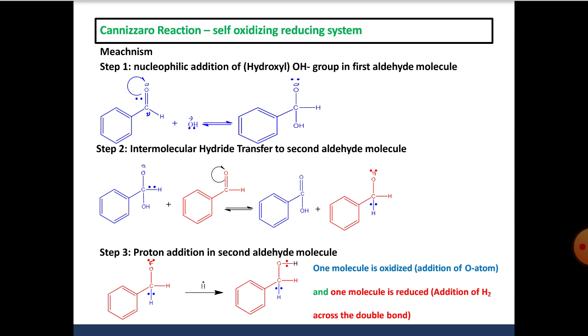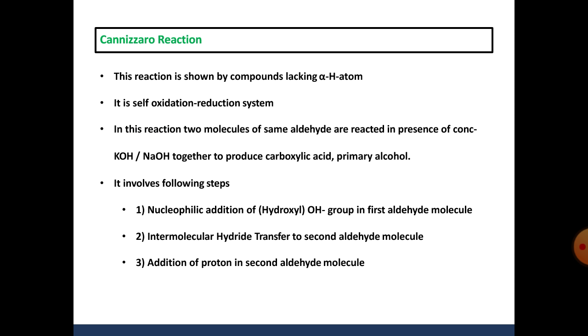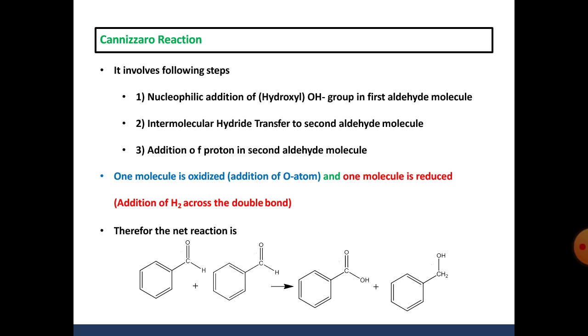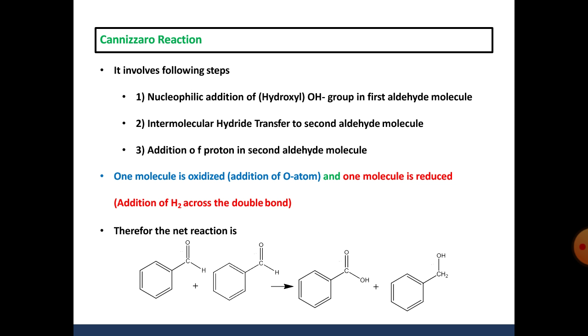So it is named a simultaneous self oxidation reduction system. So this is the Cannizzaro reaction. Here you can see when two molecules of benzaldehyde react, they convert into benzoic acid and benzyl alcohol.